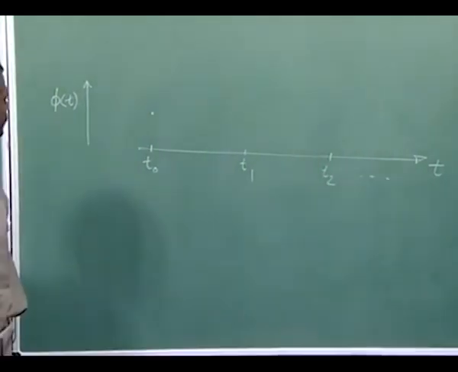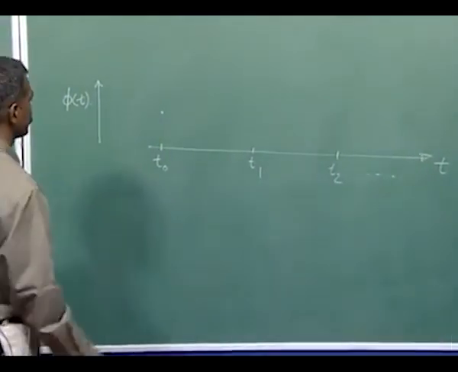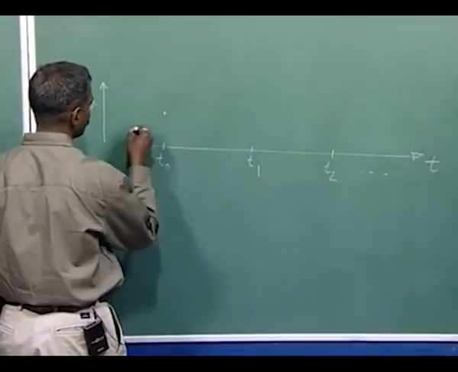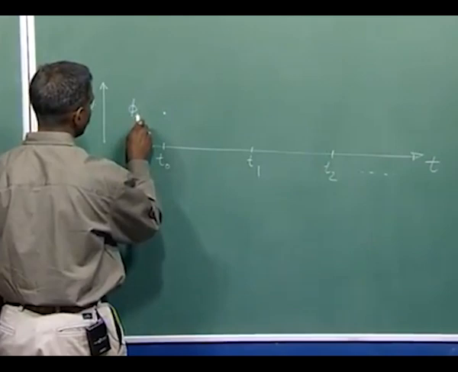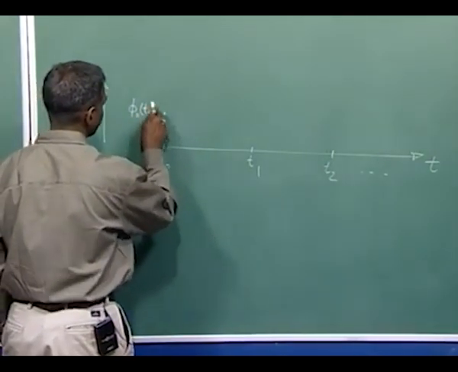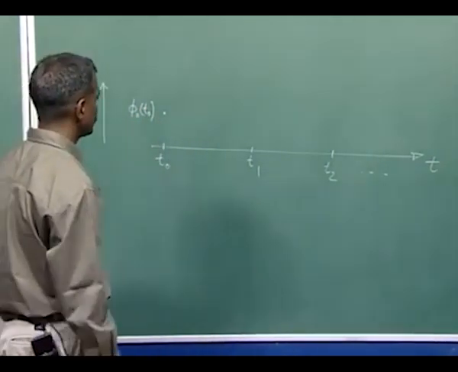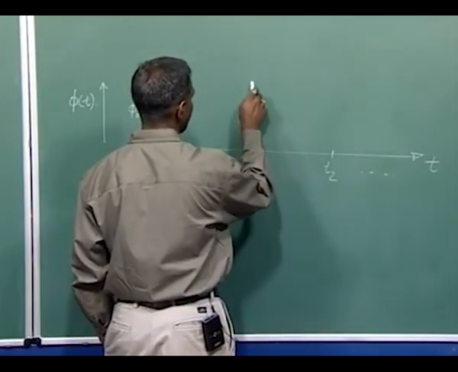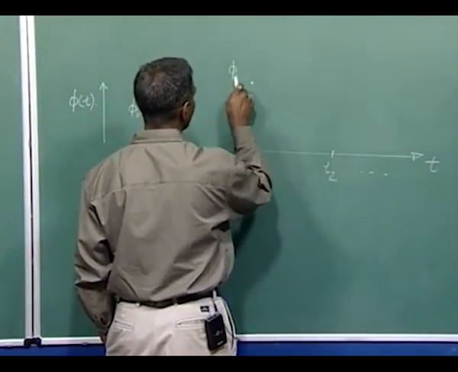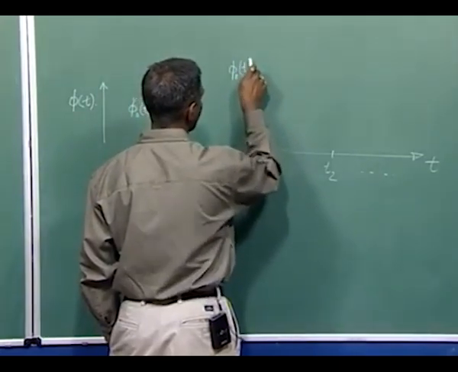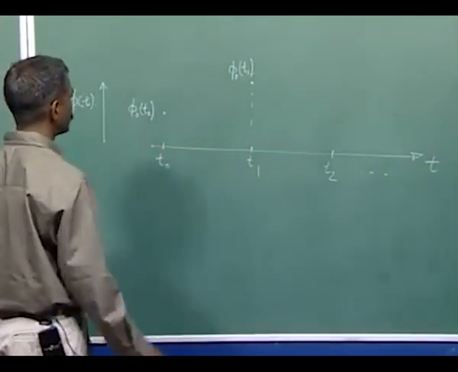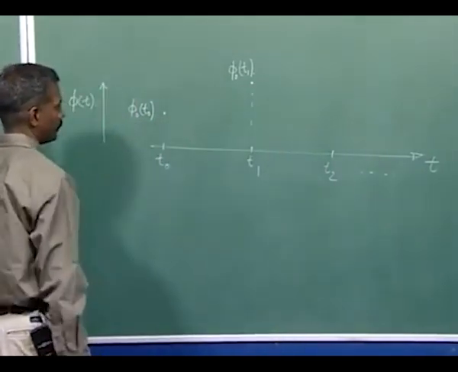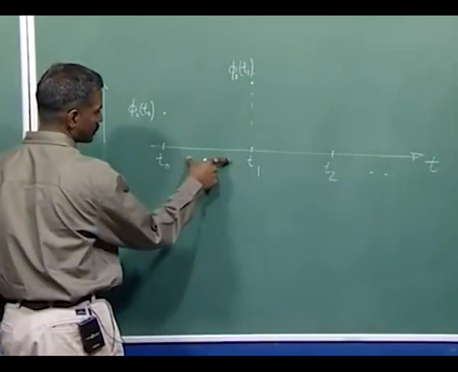Let me start constructing a spline curve from here. At t0, let me assume that I know the value of phi 0. Likewise, at t1, let me assume that I know the value of phi 0 again. Phi 0 would be the curve in between t0 and t1, that is within the first knot span.